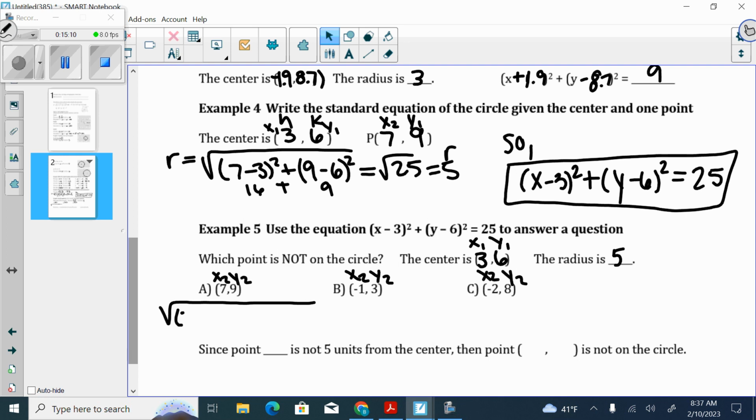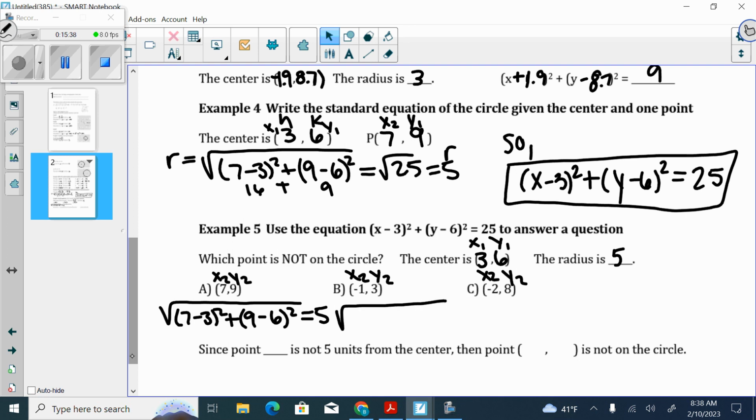All right, so for this first one, what is my x2 minus x1 going to be? 7 minus 3, very good. Squared plus what's y2 minus y1 going to be? Very good. All right. Which is the point that we just did, right? We already solved this one, and do we get a radius of 5? Yeah. Okay, so this one is on the circle. We're good there. All right, now we're going to check this next one.